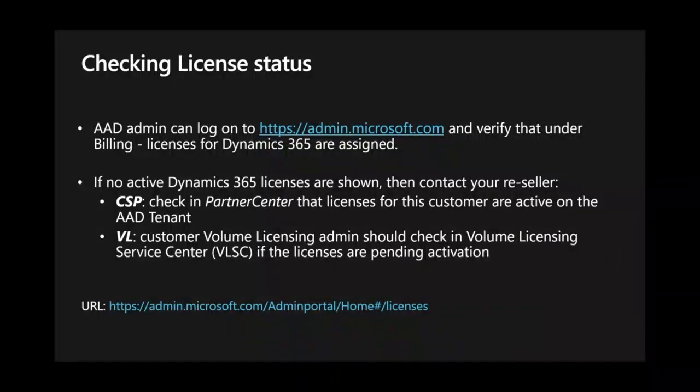So how do you investigate that? It's easy. You go to admin.microsoft.com, go to billing, go to licenses, and then you can find what kind of Dynamics 365 licenses are assigned at your tenant. If you don't see the licenses in Admin Center, then you should contact your license resellers, and they will need to investigate the issue here.